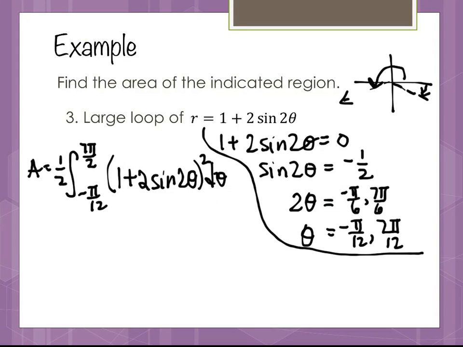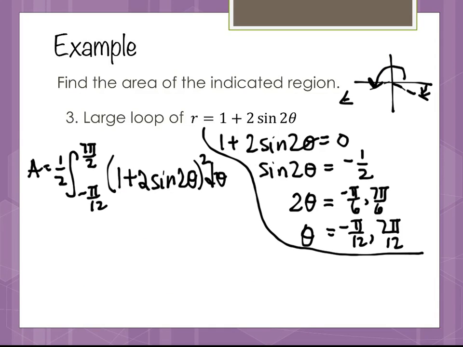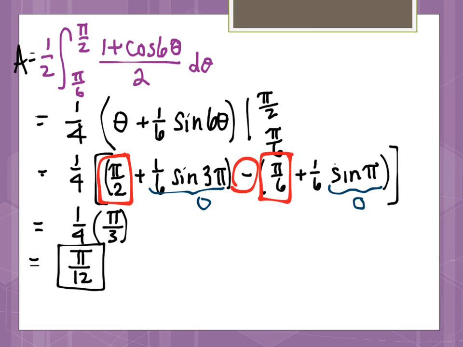Did we finish this one? I thought that we had. Finished number 2, but not number 3. Okay, right. So on this one, I believe we got pi over 12. Oh, I know where I put it. There it is. All right, so we had pi over 12 as our final area for this particular one, right?